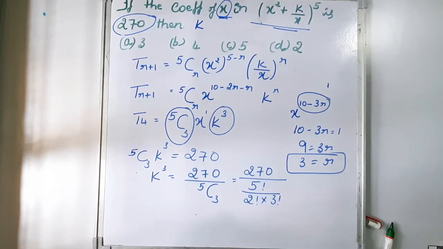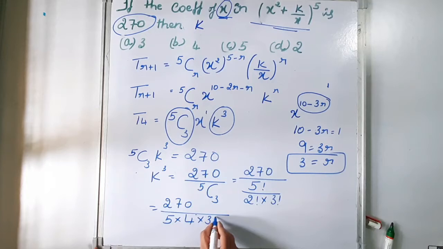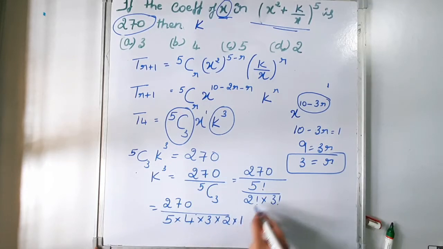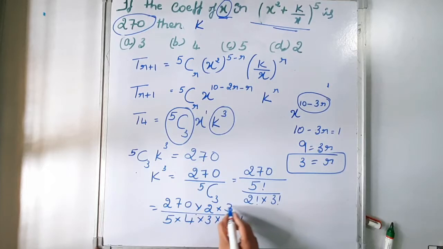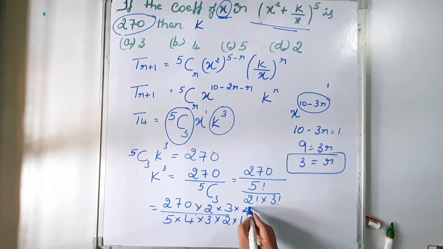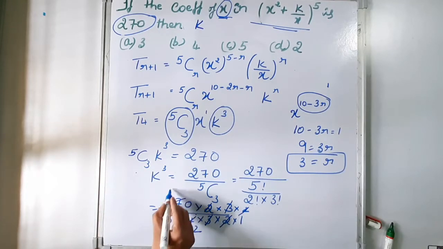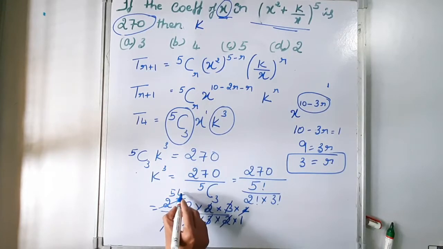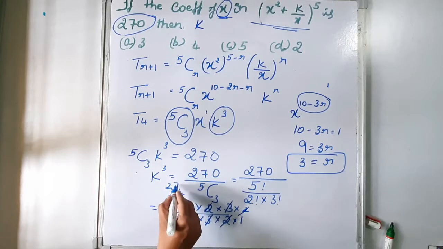Yes, we'll simplify that. This is 270 divided by 5 factorial, which is 5 into 4 into 3 into 2 into 1, over 2 factorial and 3 factorial, which is 3 into 2. We'll cancel a few things: 2 and 2, 5 and 5, and the 4 becomes 2 and the other 2 cancels, leaving 27.